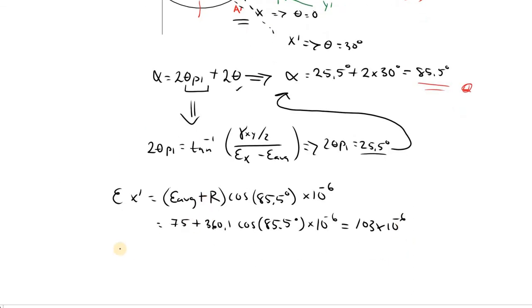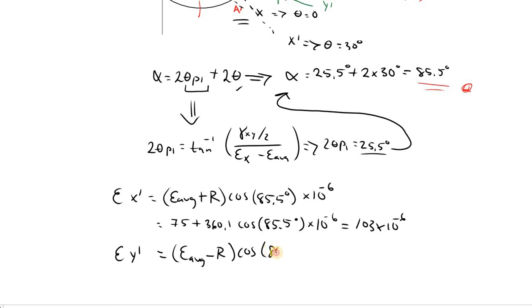And again, we're going to do the same for the y direction of strain, for the transformed strain in the y direction. So again, simply just our average strain minus the radius plus the angle that we found between the principal strain axis and the transformed axis.